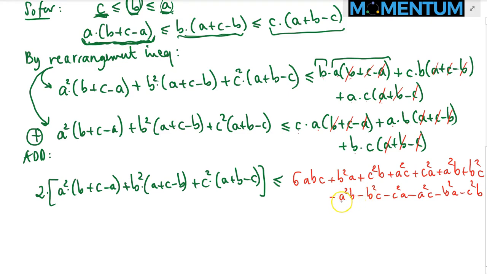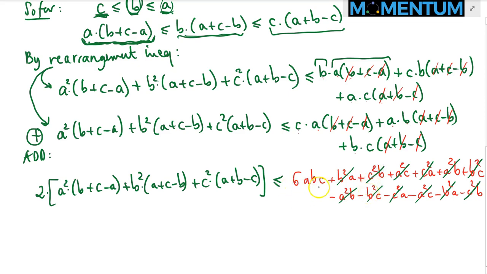Minus A squared B, they are gone. Minus B squared C, gone. Minus C squared A, gone. Minus A squared C plus A squared C, minus B squared A plus B squared A, minus C squared B plus C squared B, they are all gone.